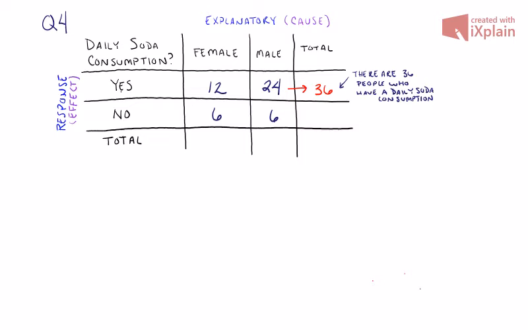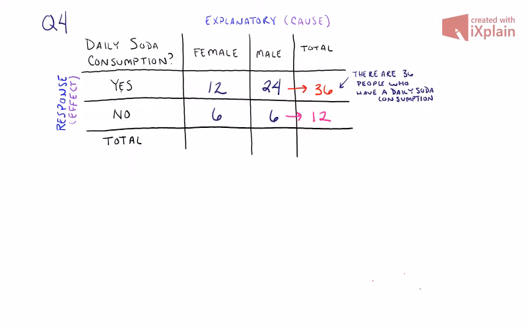Then we would continue in this fashion. The next row over, we would get a total of 12. This means there are 12 people, again both male and female, who do not have a daily soda consumption.